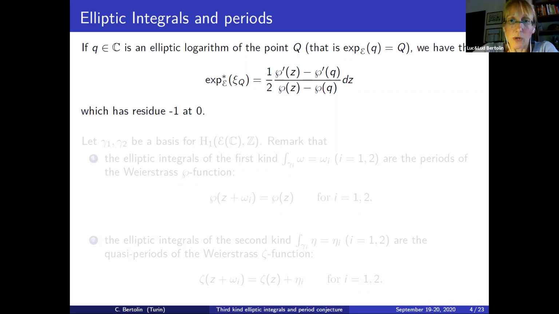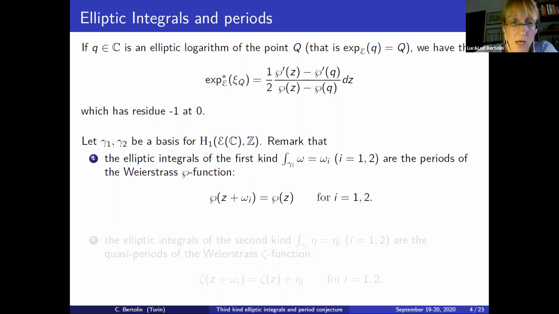Now we want to make the link with periods. So I take gamma 1, gamma 2, a basis of the lattice. It has rank 2, I recall. And we have, this is a very classical result, that the elliptic integrals of the first kind, the integral of omega along gamma i, are the periods of the Weierstrass P function.